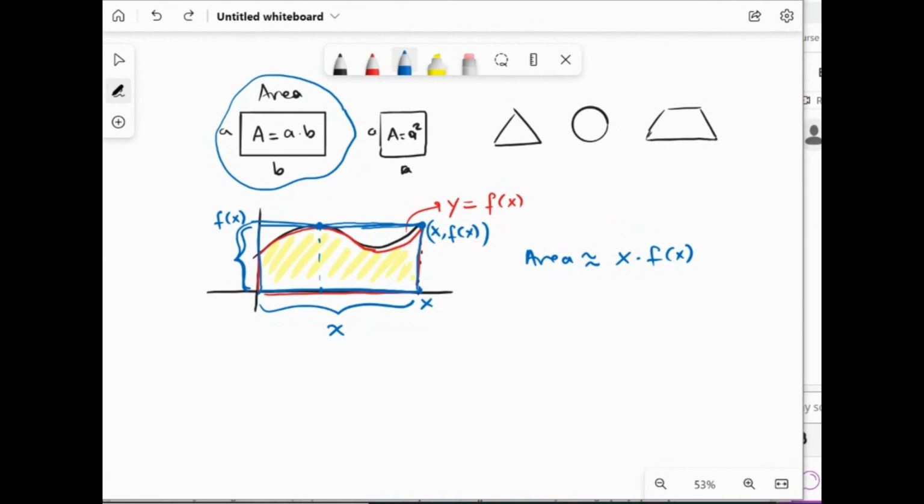So what we did here is we used one rectangle to approximate the area under the curve y equals f of x, up until some specific x0 value. What is the difference?